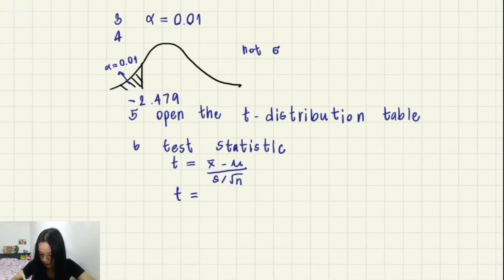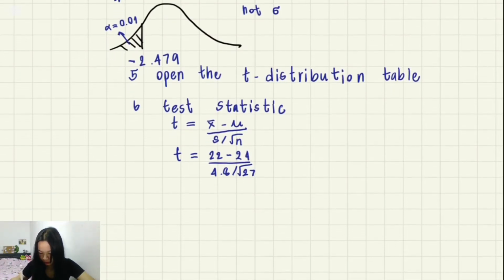T equal 22 minus 24 divided by 4.8 divided by square root 27. T equal negative 2.165.